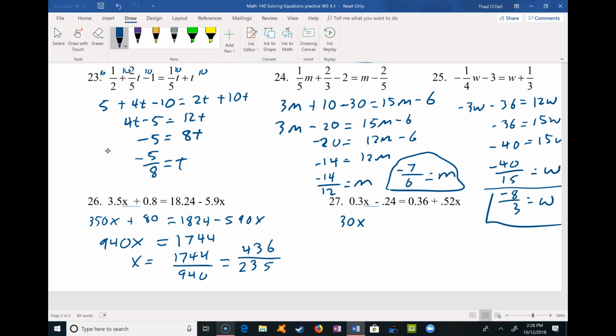That's definitely not divisible by 5, and 235 is 5 times 47. 436 is not divisible by 47, so I think we're done there.